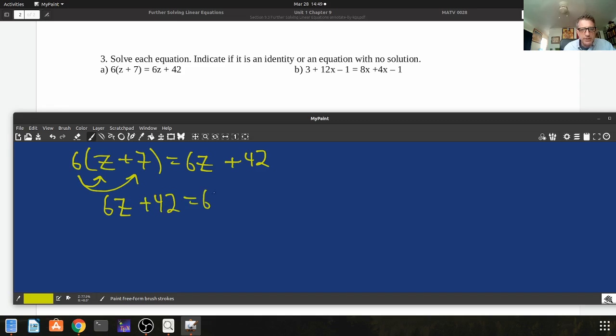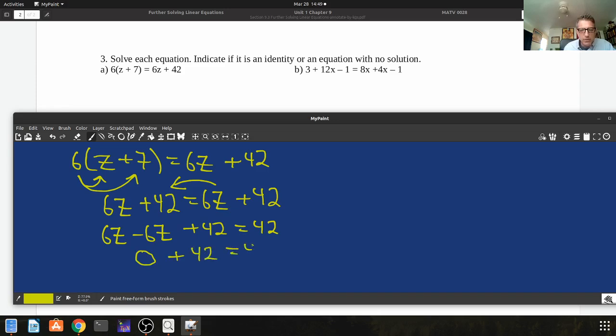Is equal to 6z plus 42. So I'm going to move the 6z over here. That's going to give me 6z minus 6z plus 42 is equal to 42. That's going to give me 0, because 6z minus 6z is 0, plus 42 is equal to 42. Or in other words, 42 is equal to 42. What? Of course. That's always true.